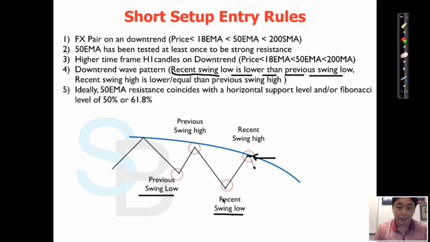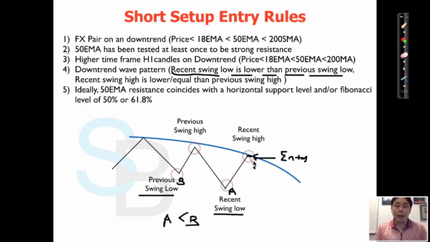So for example, if this is point A, and this is point B, point A has to be lower than point B for this to be a valid downtrend wave pattern. Next, the recent swing high, which is here, which is our intended entry price. It's a recent swing high that we are going to anticipate is going to come down, right?